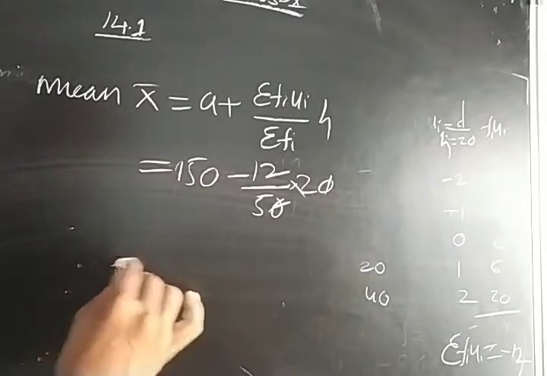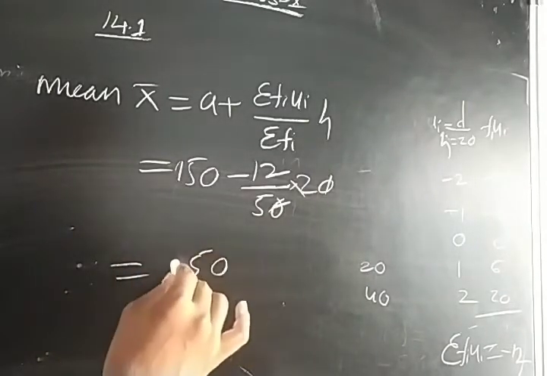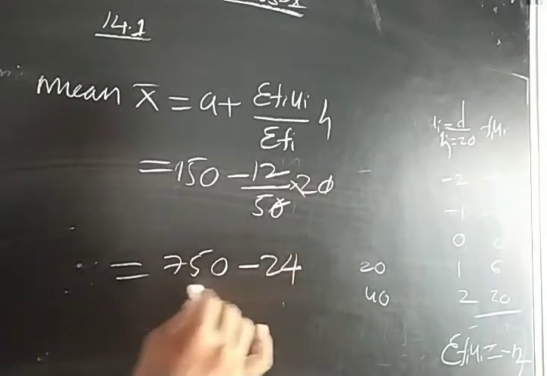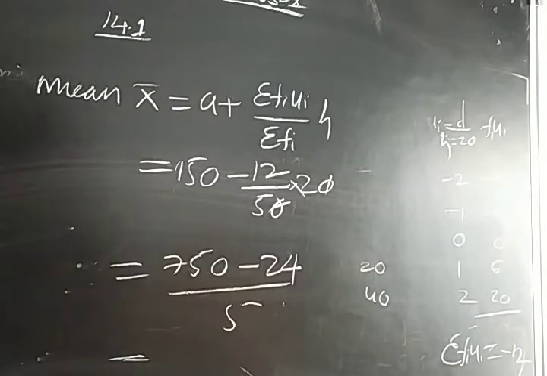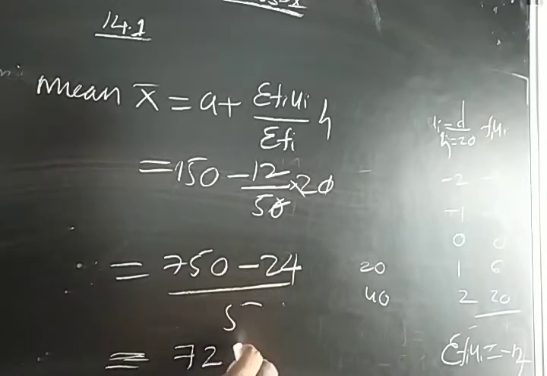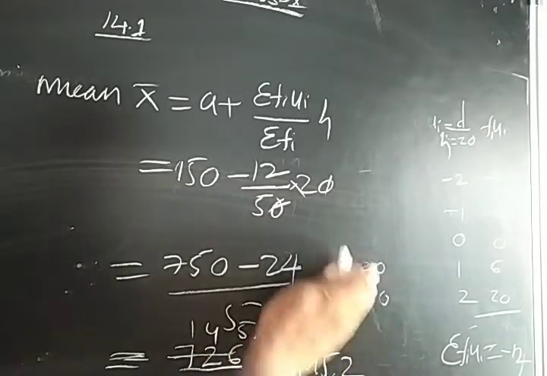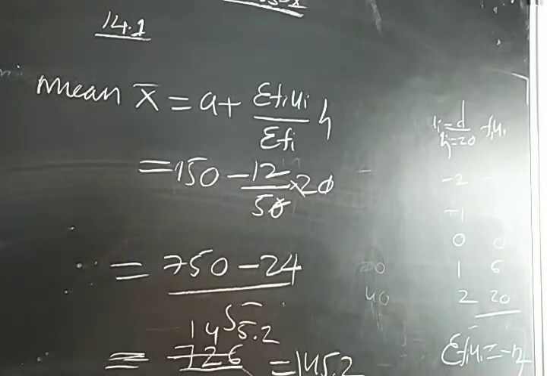By taking LCM, 150 is 750 by 5 minus 24 by 5, 750 minus 24 is 726, 726 by 5. By dividing, we get 145.2 is the mean wages of the workers.